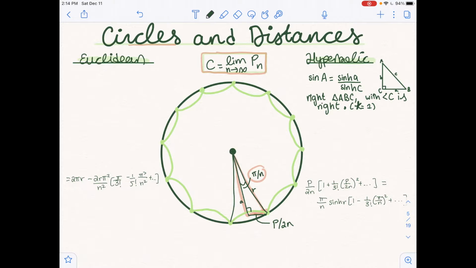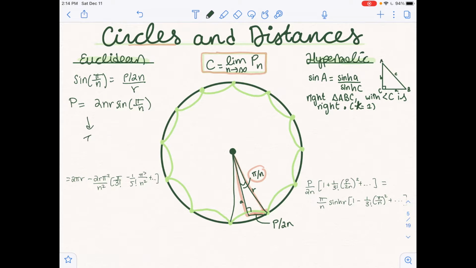Now, if we use sine rules, we get that the sine of pi over n is equal to p over 2n over r. We can rearrange this and solve for p, which gives p equal to 2nr sine of pi over n.